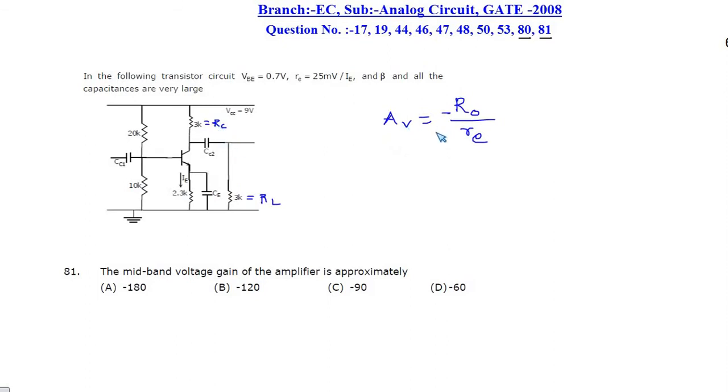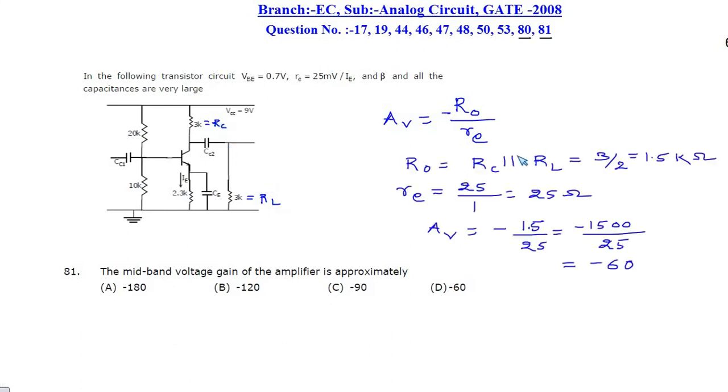The mid-band voltage gain of the amplifier is given by minus R0 by re, where R0 is the equivalent output impedance, which will be the parallel combination of RL and RC. So R0 is equal to RC parallel RL, and as both are equal, R0 will be 1.5K. The re value is 25 millivolt divided by the IE current.